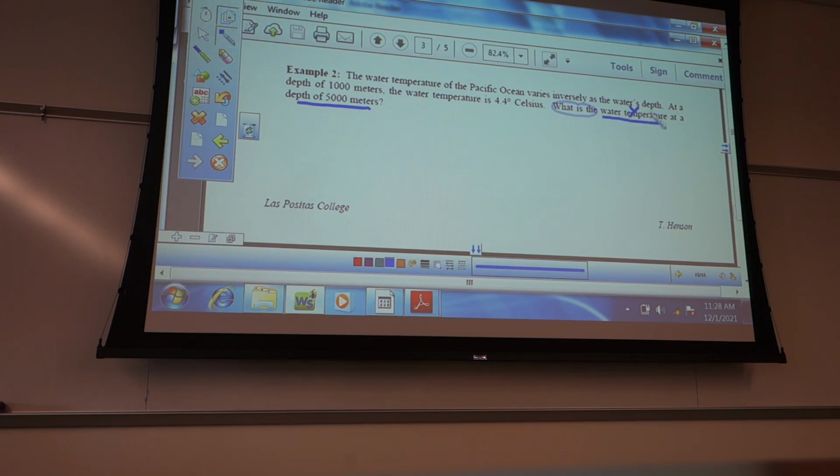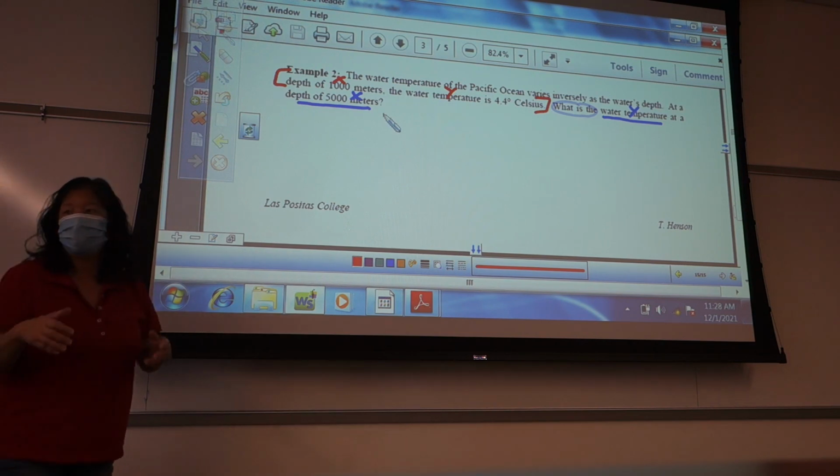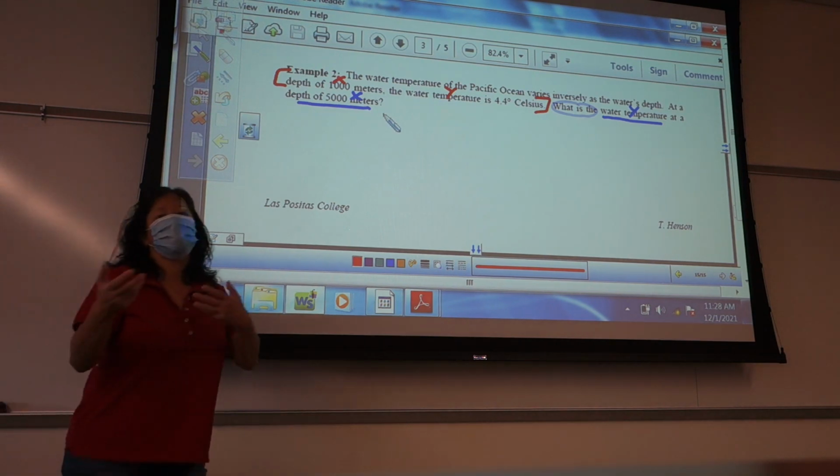So water temperature, here's another water temperature. Those are my y's. And I'm going to make 5,000 meters, I'm going to make those my x's. I'll make this one red so you can see the difference. And what you'll see is a depth of 1,000 meters goes with a water temperature of 4.4. Those are kind of one group. They go together, right? At 1,000 meters, water temperature is 4.4 Celsius.